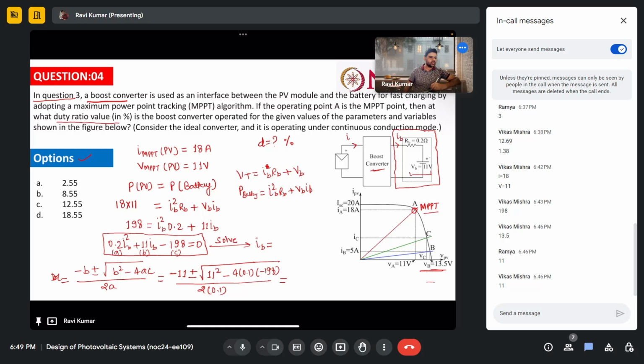Just solve this: 11 square minus 4 into 0.1 into 198, it becomes positive, take the square root, minus 11 divided by 0.2. One solution will be negative, one positive. Negative is not feasible, so the feasible solution will be with the plus sign.